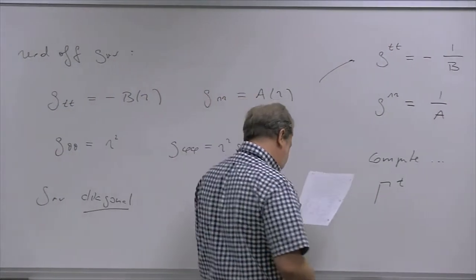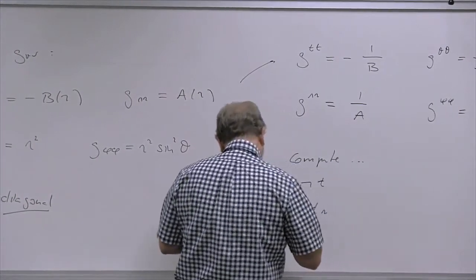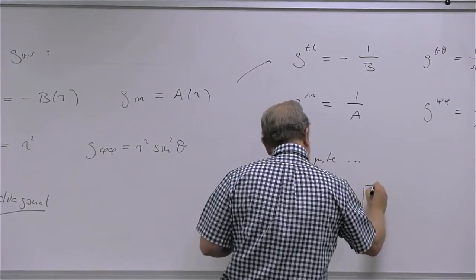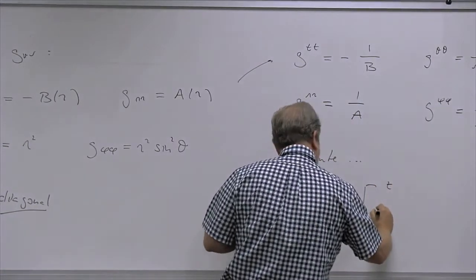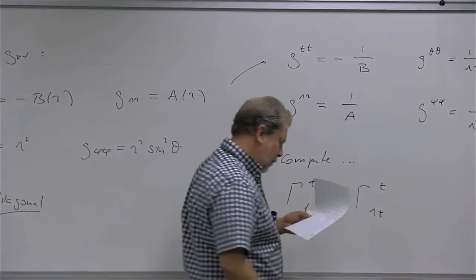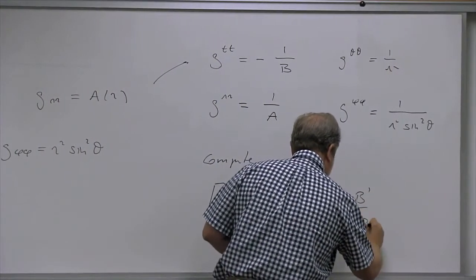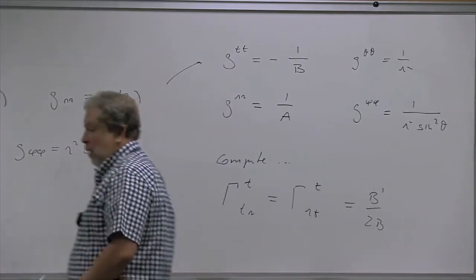So gamma^t_tr is gamma^t_rt. Of course, the affine connection is always symmetric. And so this is equal to B prime divided by 2B.